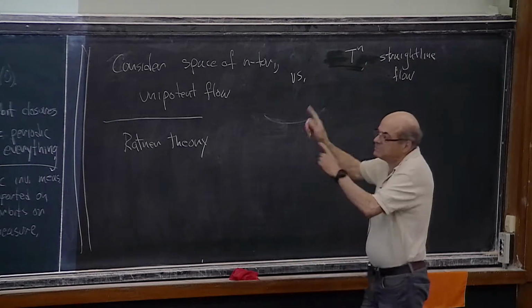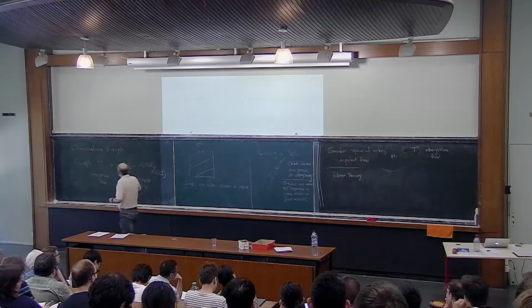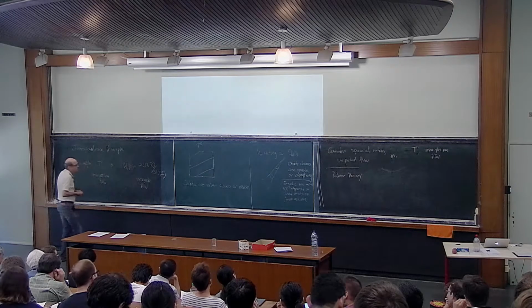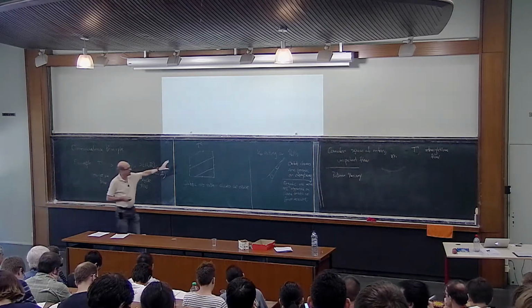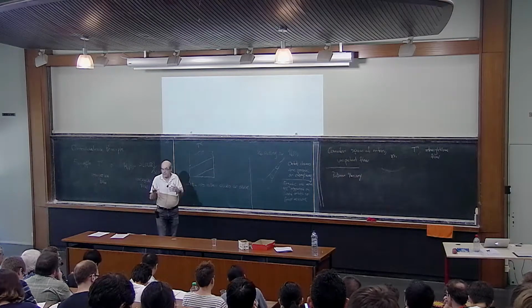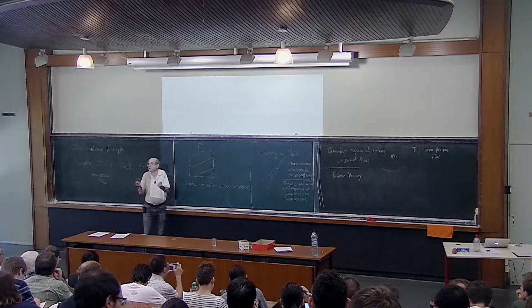Okay, so then the next question maybe is what happens. Okay, so this is what happens when we go from T2 to Tn, right? We take our torus, raise the dimension. Well, we can also take our torus, raise the genus.